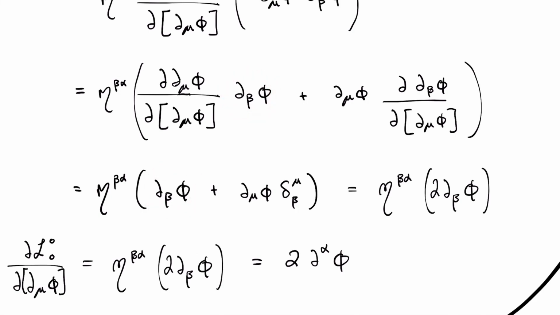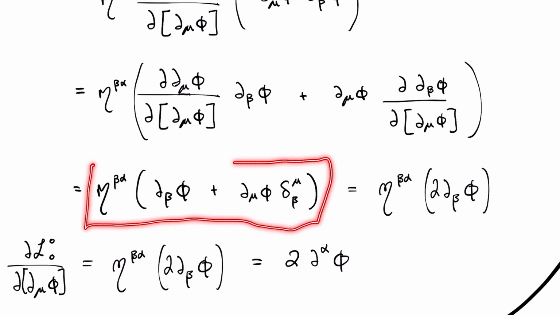The derivative of this with respect to, well, that would be 1 if mu and b were equal, right? So we put this right here. If mu and b are equal, we use this Kronecker delta right here to say that. Okay? So now we have this right here.